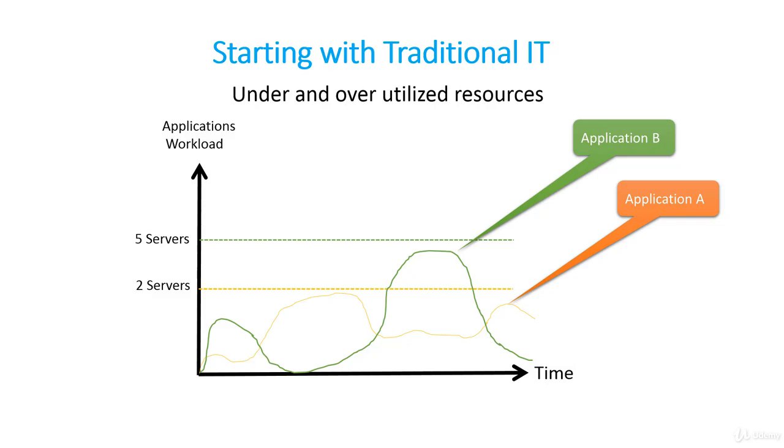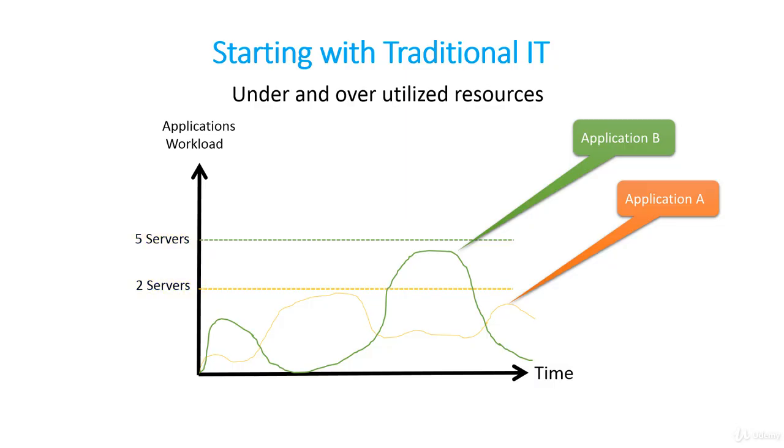application workload running in the data center. As a simple example, here we have two applications, A and B. The vertical line on the left side is the application workload over time. In addition, for application A, the IT team allocated 2 servers, and for application B, they allocated 5 servers.